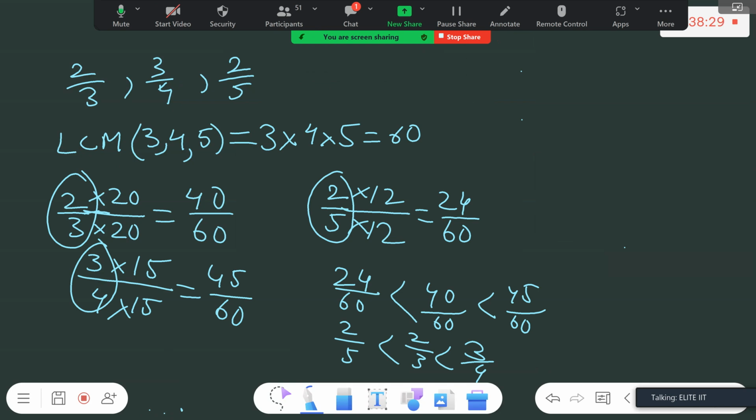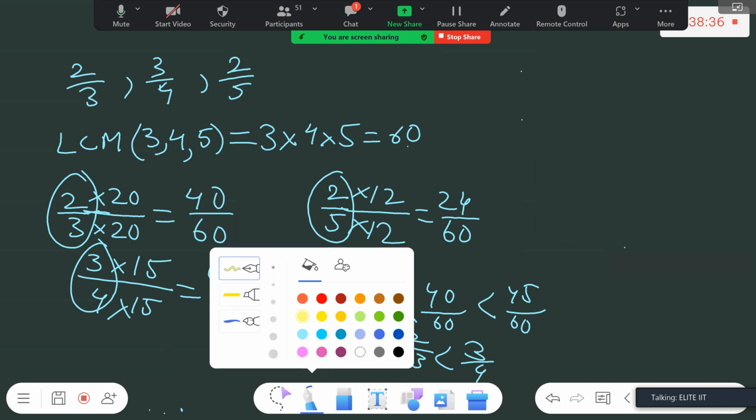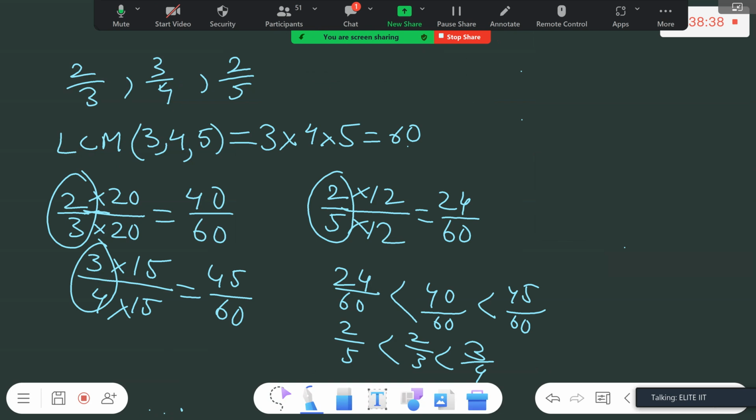We have to make them all like fractions, isn't it? So we took the LCM of 3, 4 and 5 as 60. Like fractions means all of them should have the same denominator.